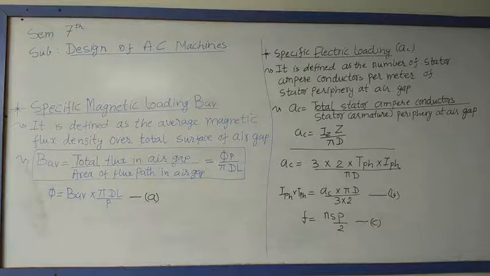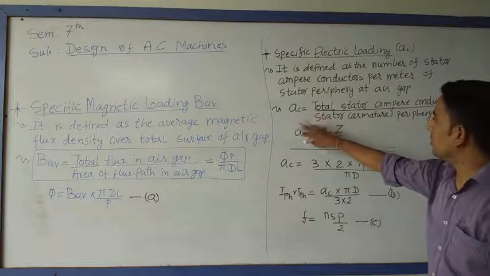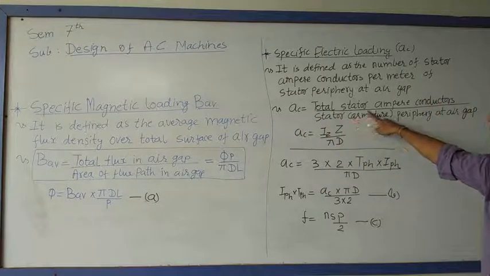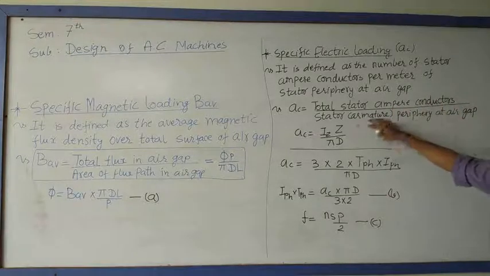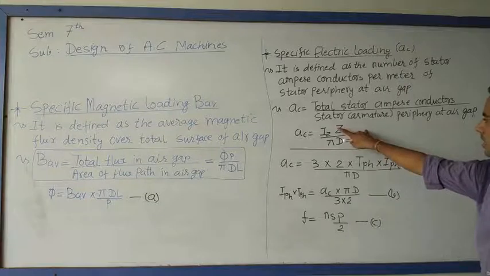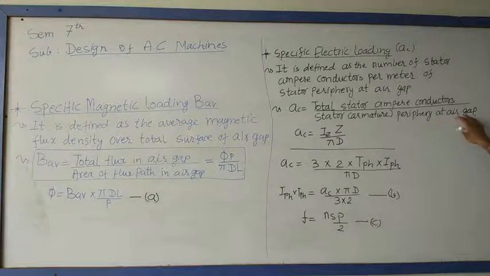It means the total number of conductors carrying current on the armature surface divided by the stator armature periphery at the air gap. Then it is given by the equation ac is equal to total stator ampere conductors, denoted by Z, divided by the stator armature periphery at the air gap.